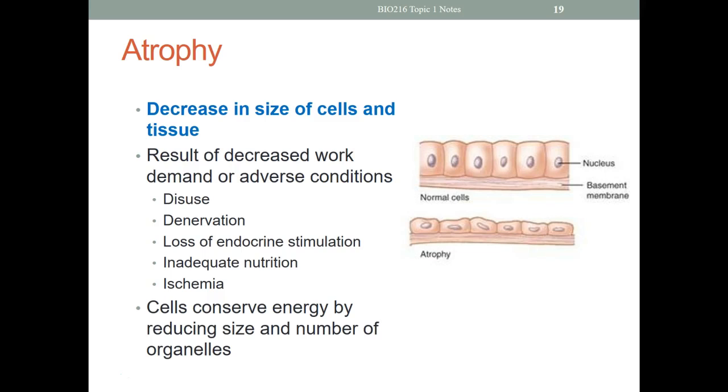A loss of endocrine stimulation, if it was an endocrine tissue that was endocrine responsive. Inadequate nutrients or nutrition. Ischemia or low oxygen levels to that tissue. All of these things can result in atrophy. And atrophy allows cells to conserve energy by reducing the size as well as the number of organelles.